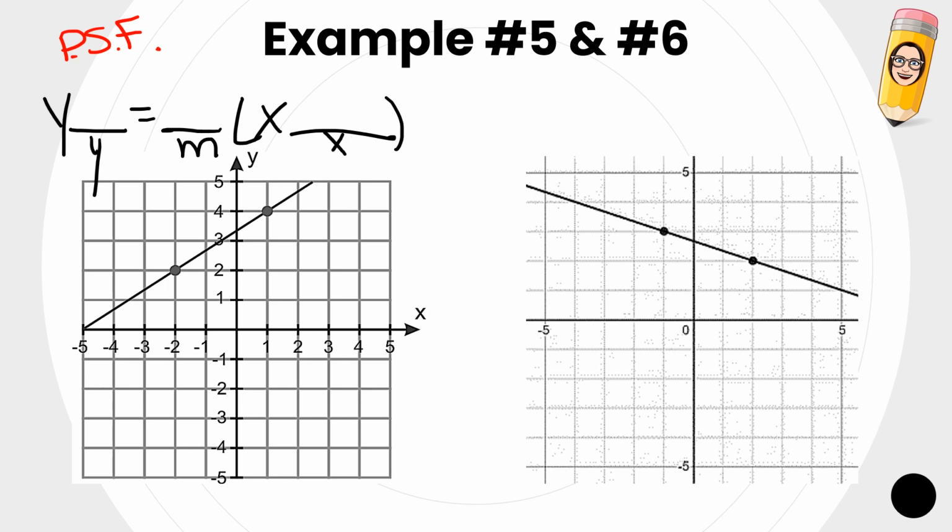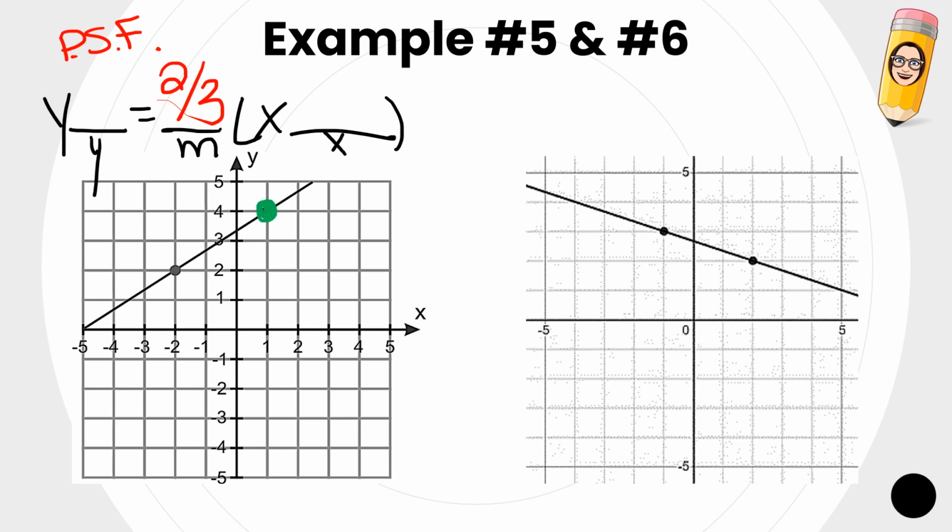On a learning check, these are all going to be mixed up, and you're going to have to decide how to write your line. So let's start with the easy part, the rise run. Rise 2, run 3. My line is increasing, so it should remain positive. Now we need to pick a point.